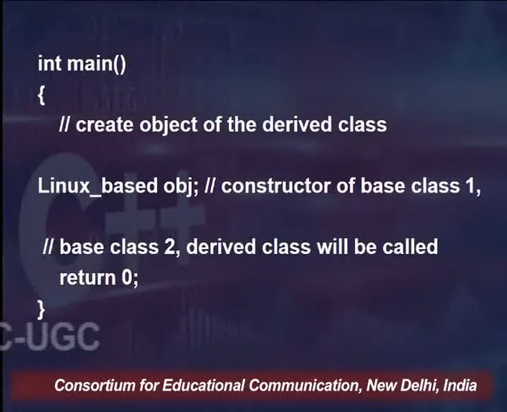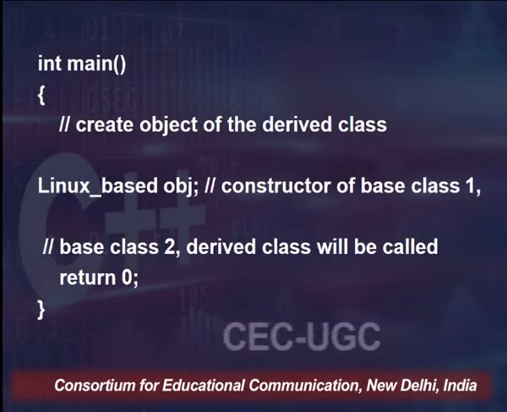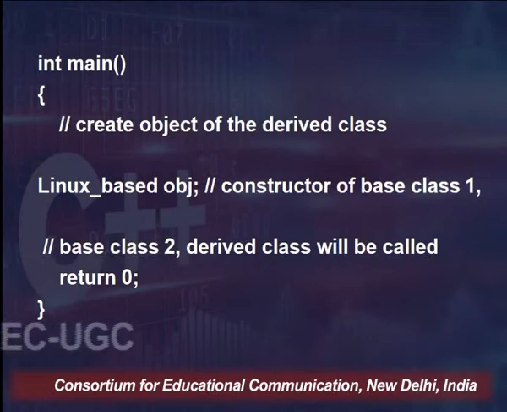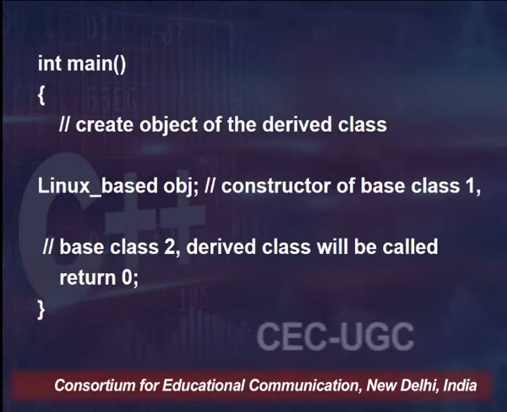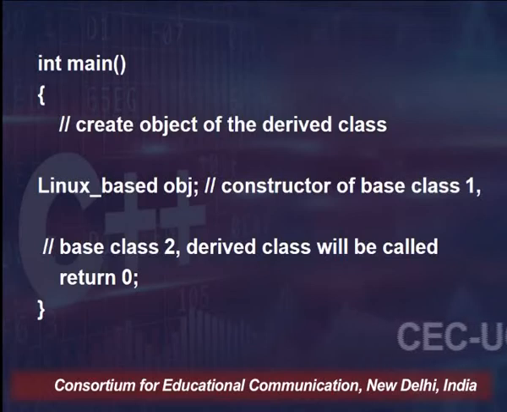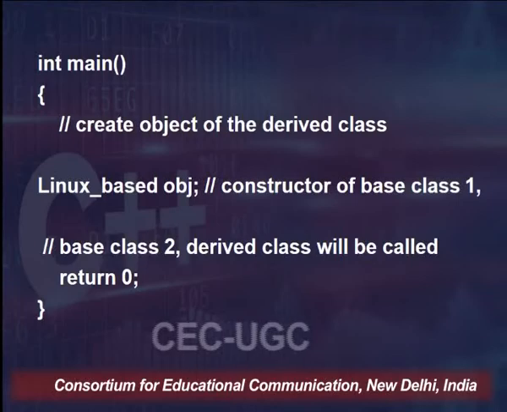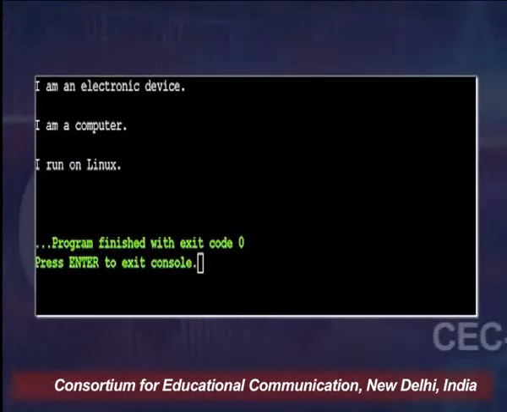And whenever we create the object of the derived class, which is the object of the final derived class, which is Linux based, automatically the constructors of base class 1 and base class 2 will be called along with the derived class constructor. And what output we are expecting is actually this.